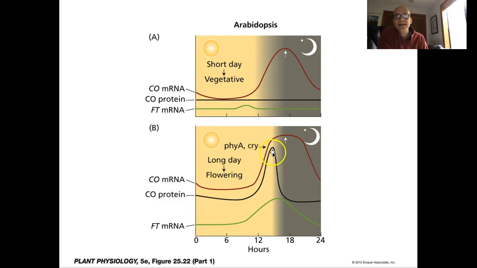The reason is that FT mRNA, which is essentially not transcribed in short days apart from this little blip here, is only transcribed in long days. That is what allowed the Constans protein to be made. Without the transcription of FT mRNA, Constans protein was degraded as soon as it was made, and therefore never reached a critical mass and never had its effect.